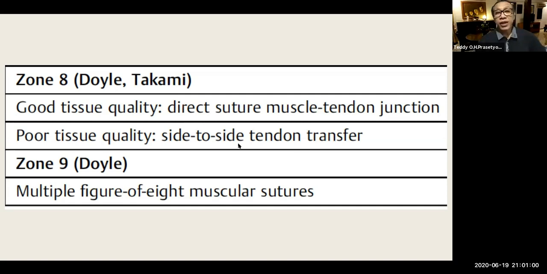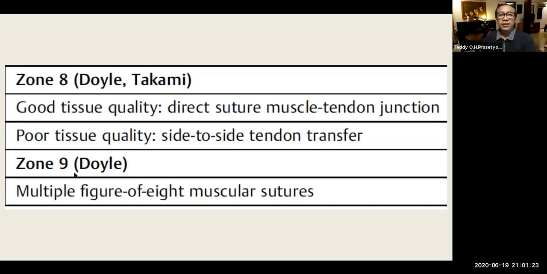But then if you get some gap, then you may consider tendon transfer, meaning that the distal stump of the tendon could be repaired into the neighboring tendons. For example, if you deal with the extensor digitorum communis, then you do not need to repair it directly, but you stitch it into the neighboring tendon.